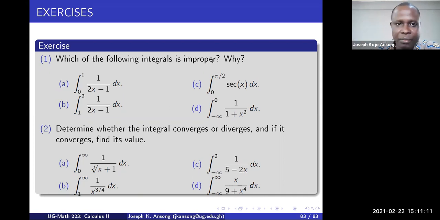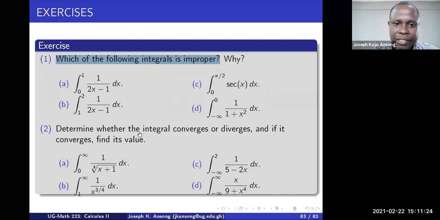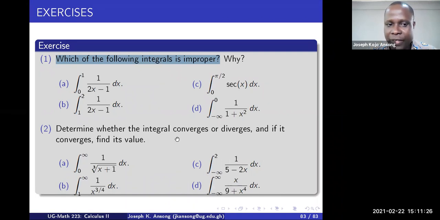Check whether it's improper or not before you apply all your techniques. And this one says determine whether the integral converges or diverges, and if it converges, find its value. Try these ones. If you have problems, you can let me know.